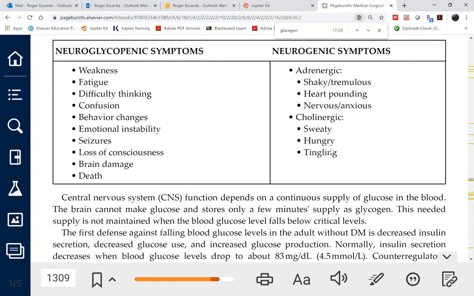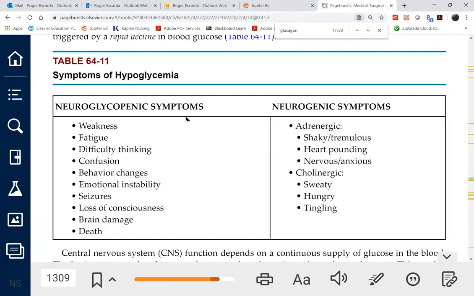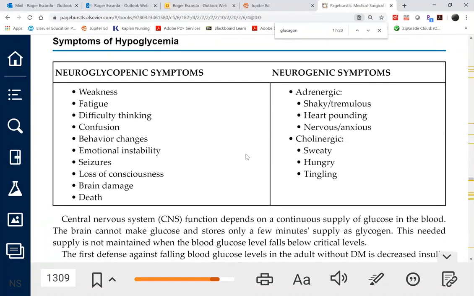This part here might help you remember. So again, because it's life-threatening, not only will you have adrenergic symptoms, which are your sympathetic nervous system response, but also neuro symptoms, simply because the brain consumes 25% of your blood sugar levels in the body.